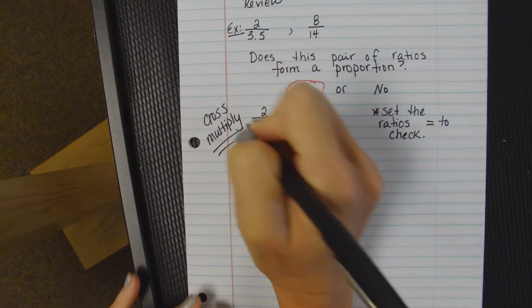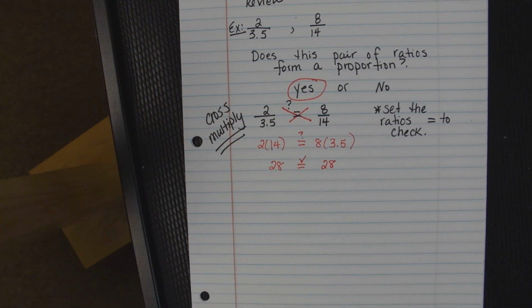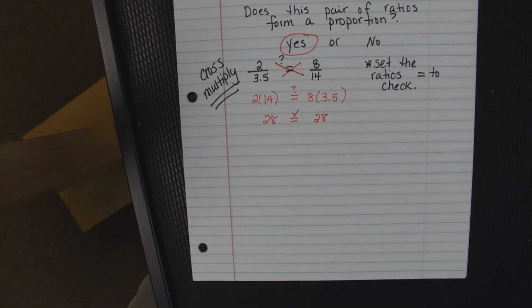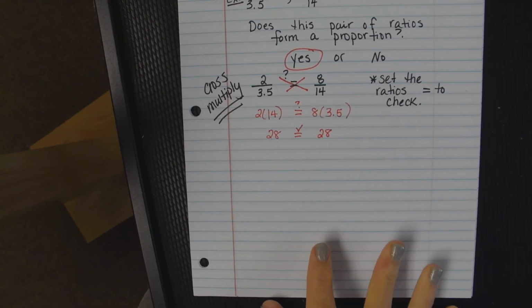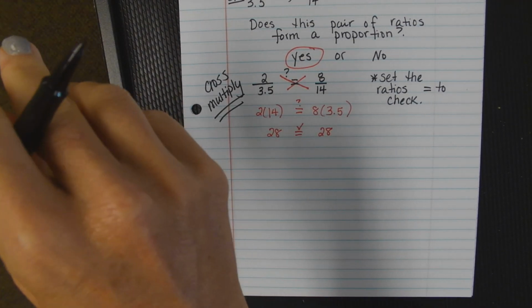I love this lesson because we're going to use this so much this year, cross multiply. It's kind of a shortcut. We could have used it last week and the week before and in some of the stuff we've done. But the answer to that is yes.